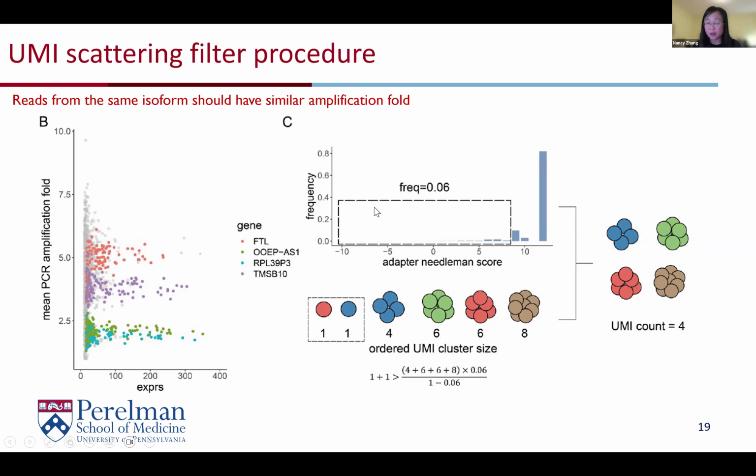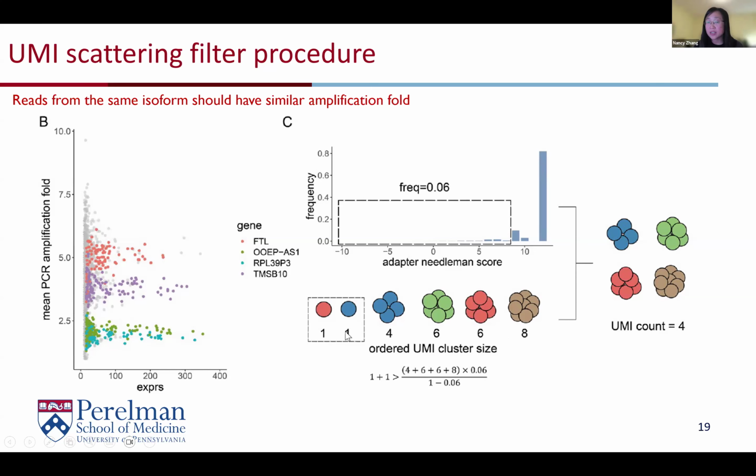The frequency is here 6%. And then for each gene, we would order the UMI cluster size for each isoform, because now you have mapped it, so you know the putative isoform. You would order the UMI clusters from smallest to the largest.